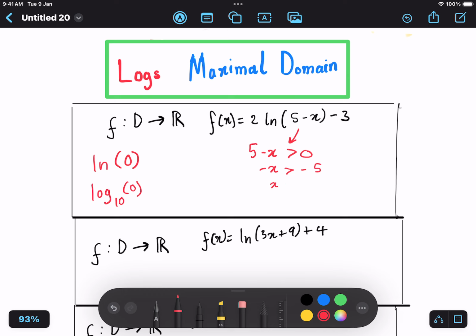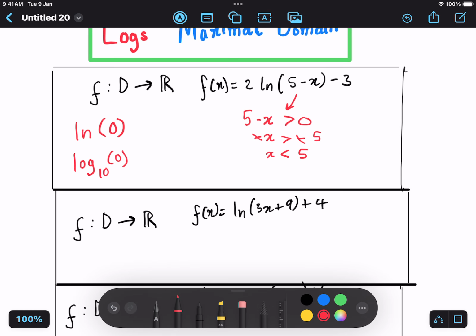Then remember, when you're cancelling out these negatives, the sign actually changes. It flips around. So it will be x is less than 5. And hence our answer should be negative infinity to 5.